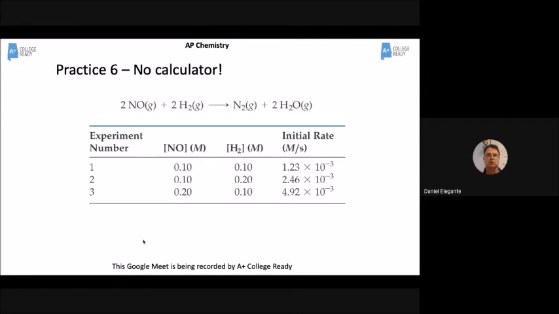So if you're stuck, remember that rate laws start with rate is equal to K times the concentration of each reactant raised to some power.